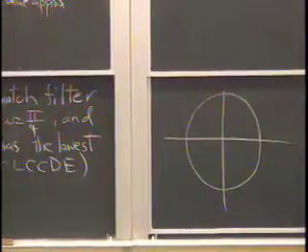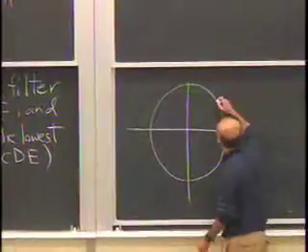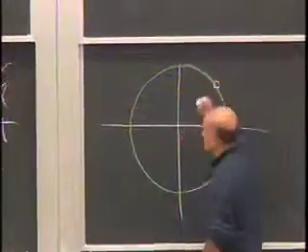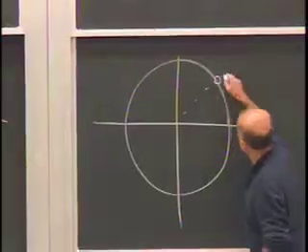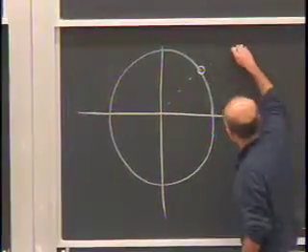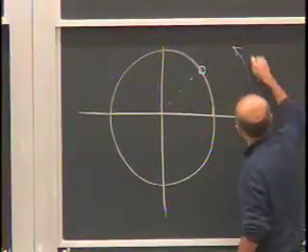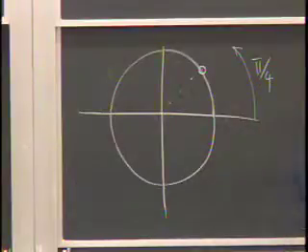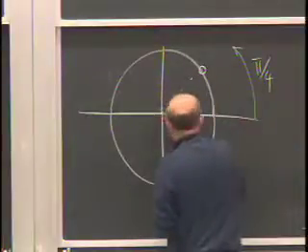E to the I pi over 4. That's right here. This is pi over 4. Where does the next O go? Negative pi over 4. It's the complex conjugate.